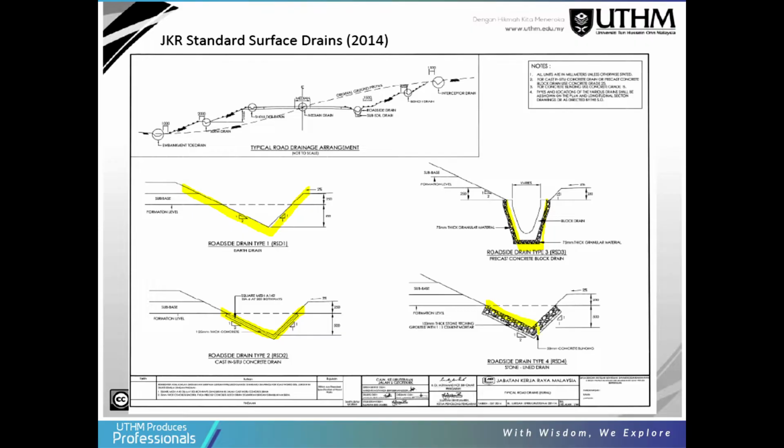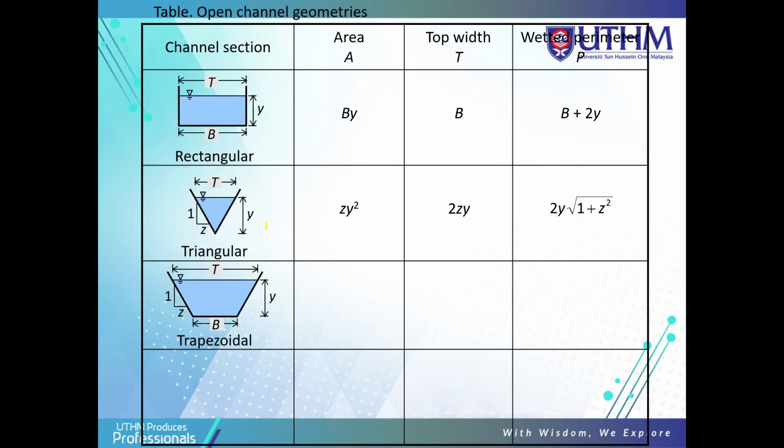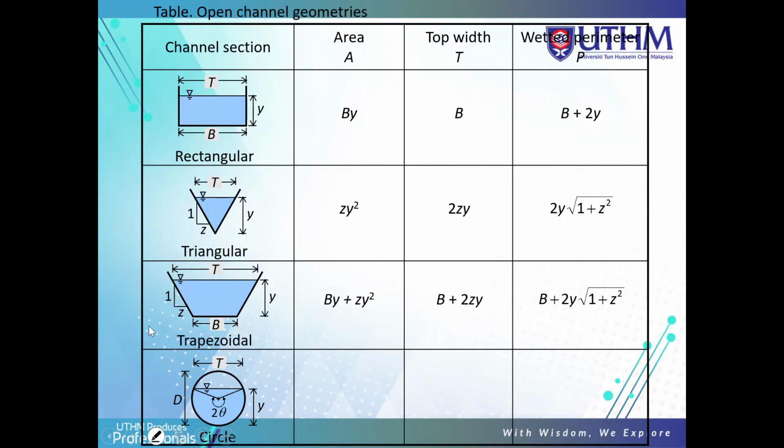So now these are the types of open channel geometries. There are four types of channel sections: rectangular, triangular, trapezoidal, and circle.